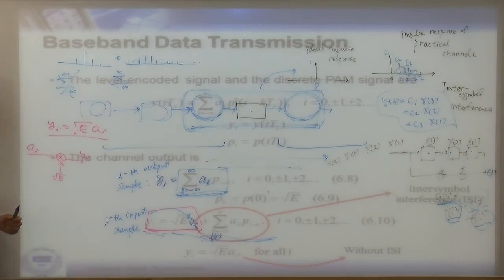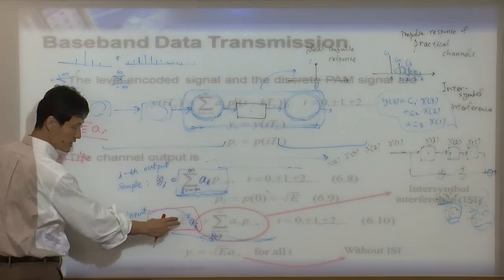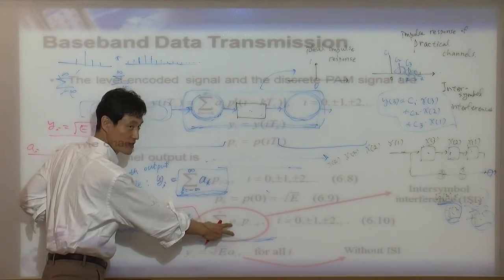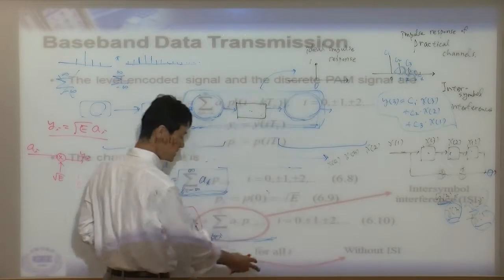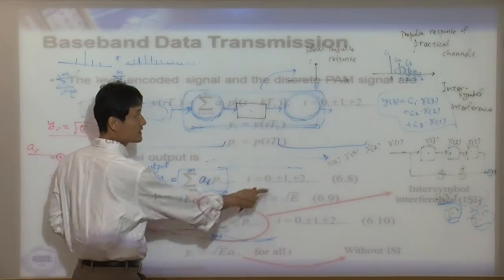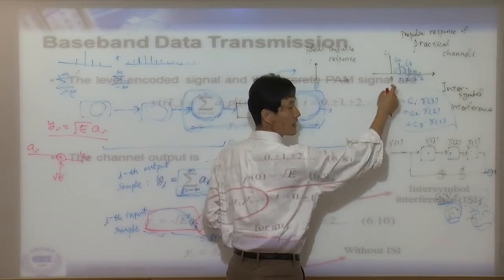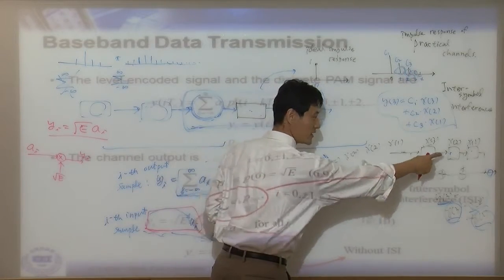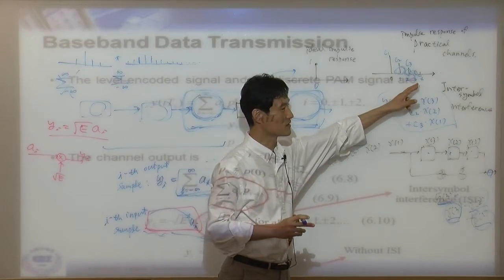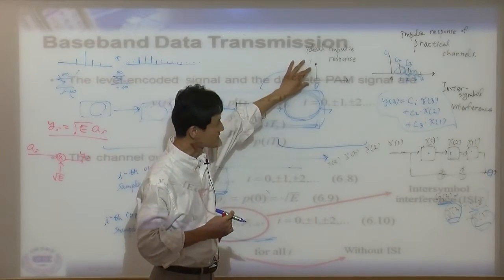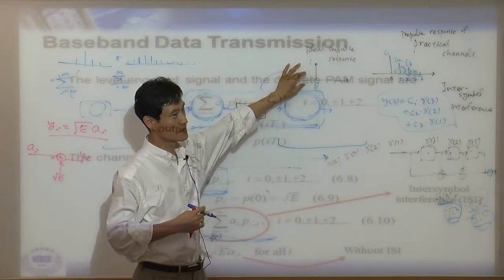So now what we're going to do is that we want this only, and we don't want this, because this part is basically intersymbol interference. And this part is basically memory. And we don't want memory. And we don't want these things. We want this only.